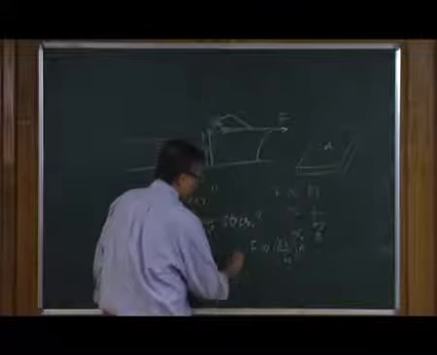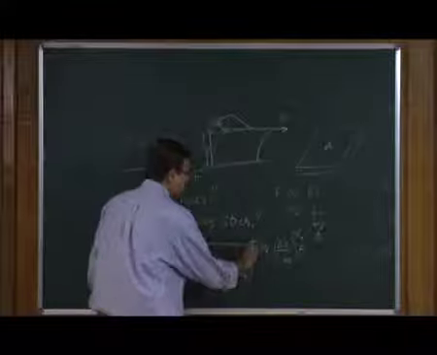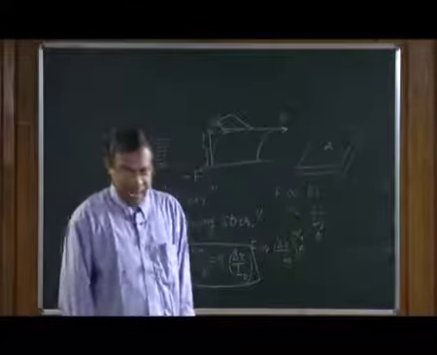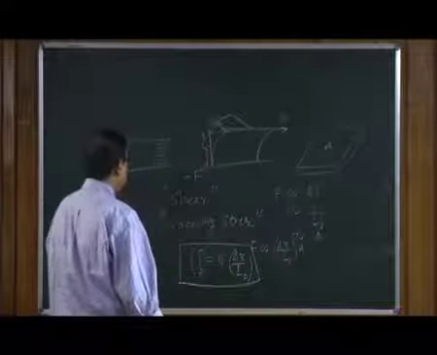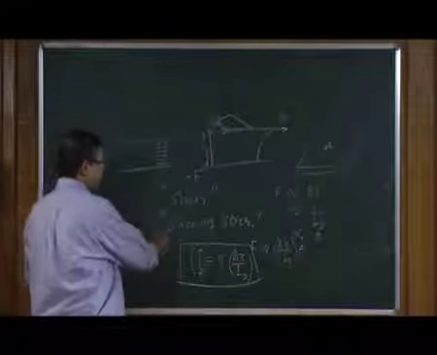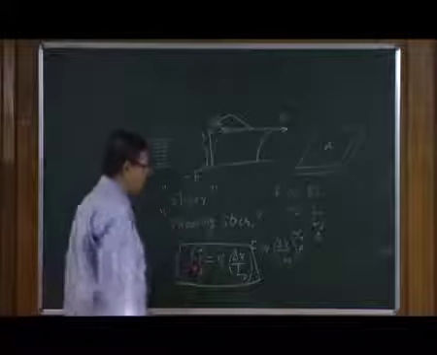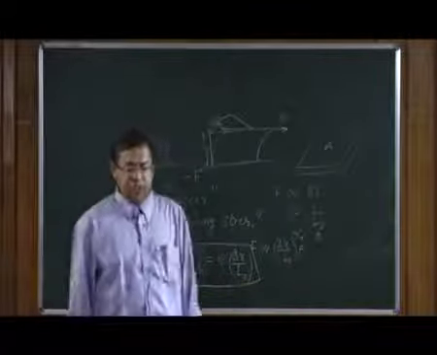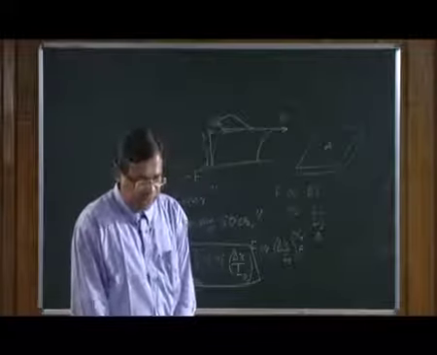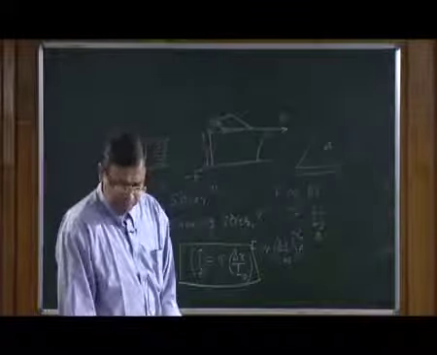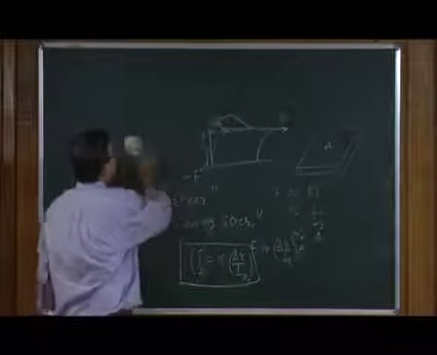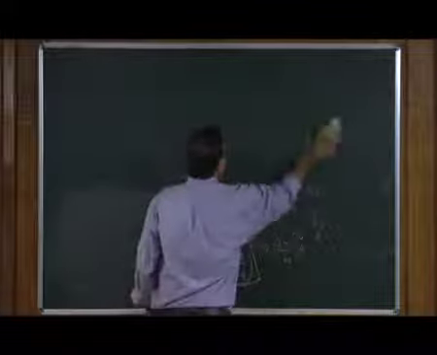Just like the Young's modulus, G will be called the shear modulus, and F over A, as we said, will be called the shearing stress. Delta x over L0 is called the shearing strain. We can understand this shearing strain in a better manner if we draw a cylinder.